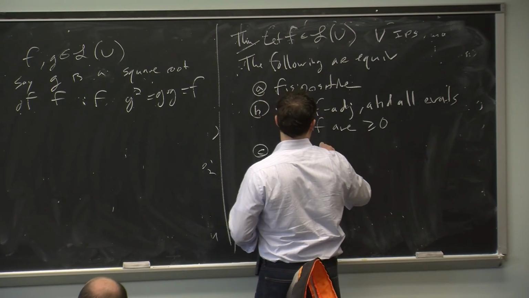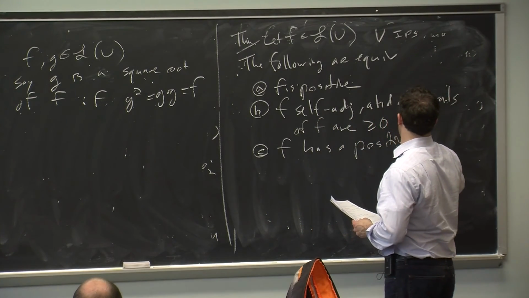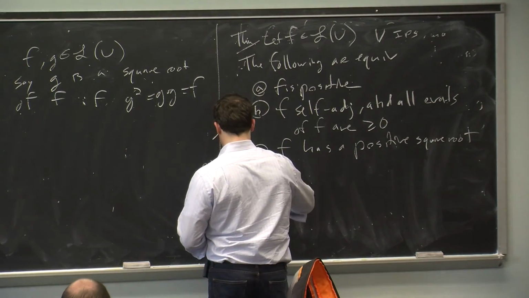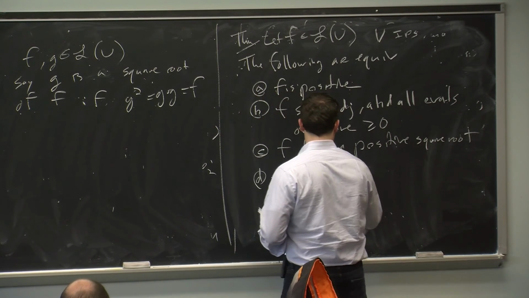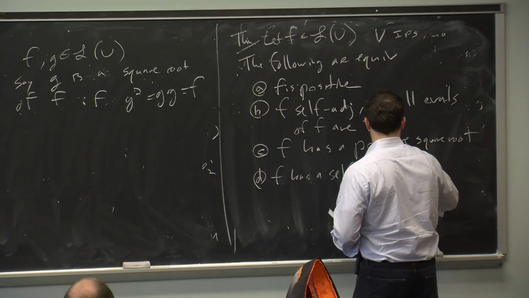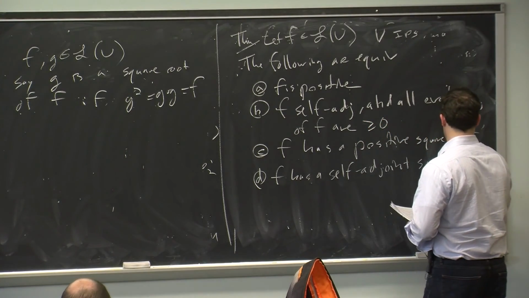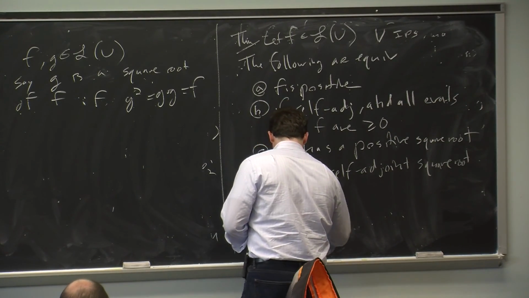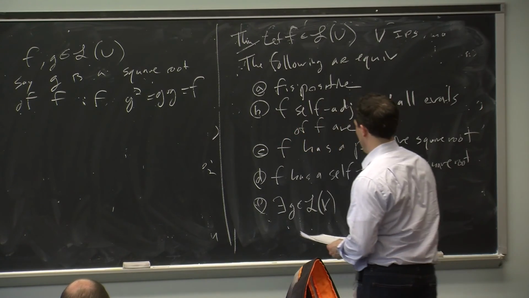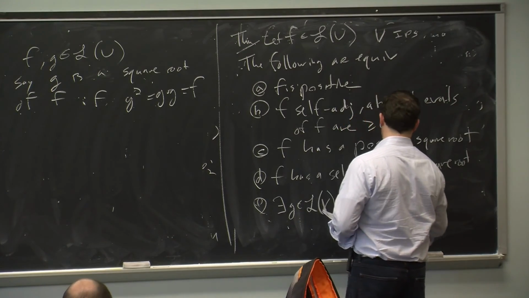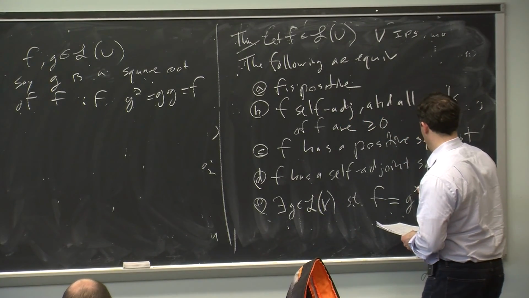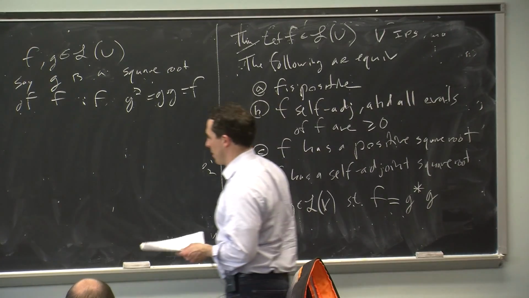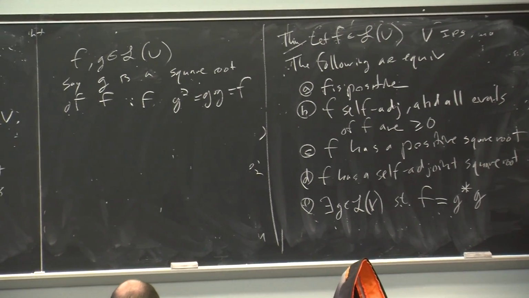C, F has a positive square root. D, F has a self-adjoint square root. And finally, E, there exists some other operator G such that you can write F as G adjoint times G. So there's our characterization of what it means to be a positive operator. I'll put the proof off until next week.